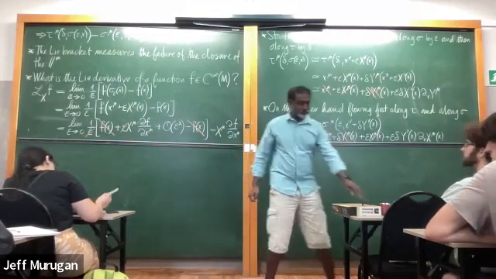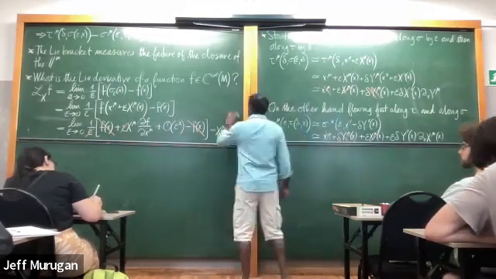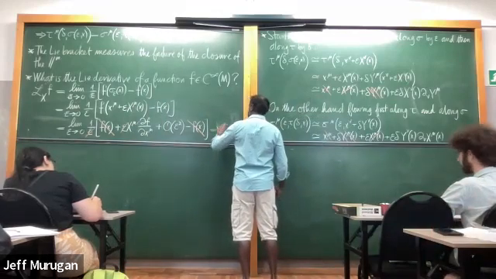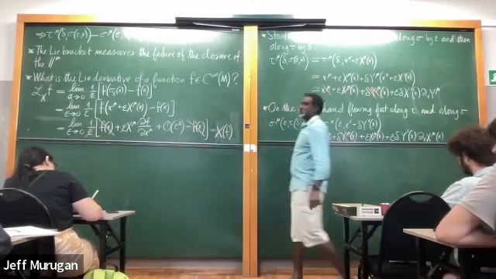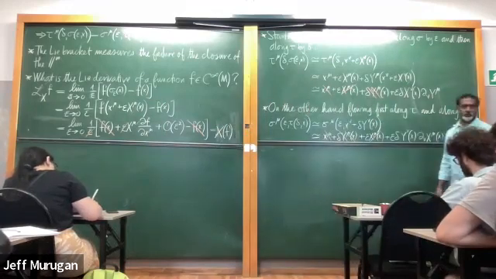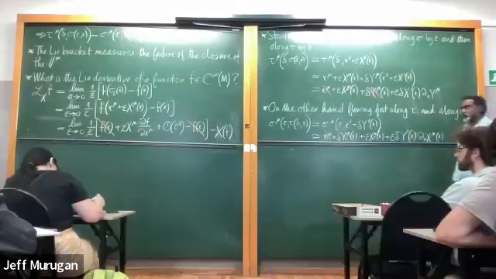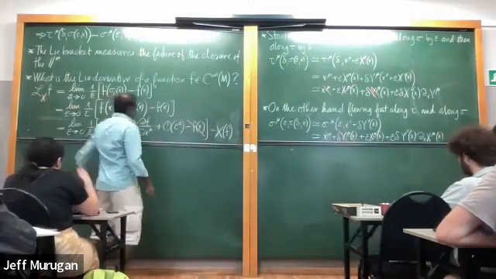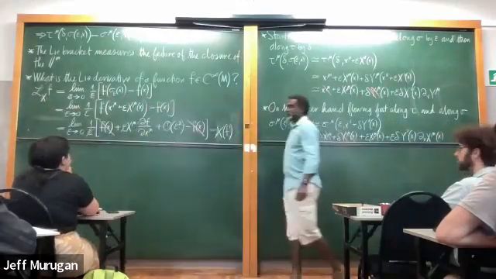In other words, x evaluated on f. So the Lie derivative of a function along x is just x evaluated on that function.